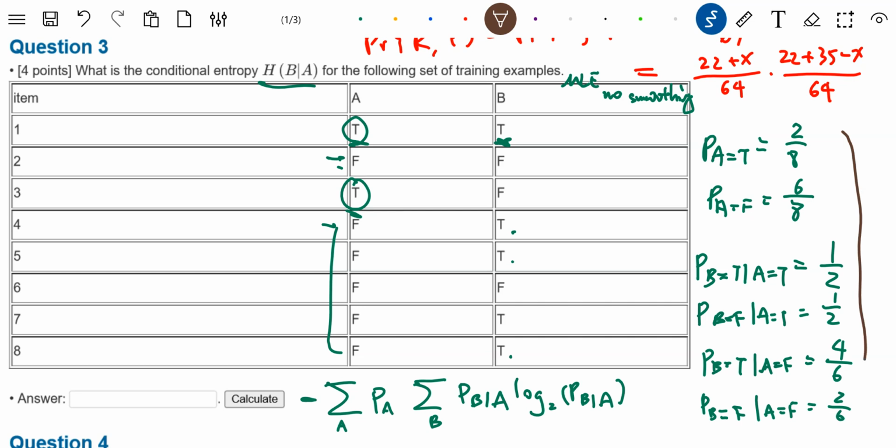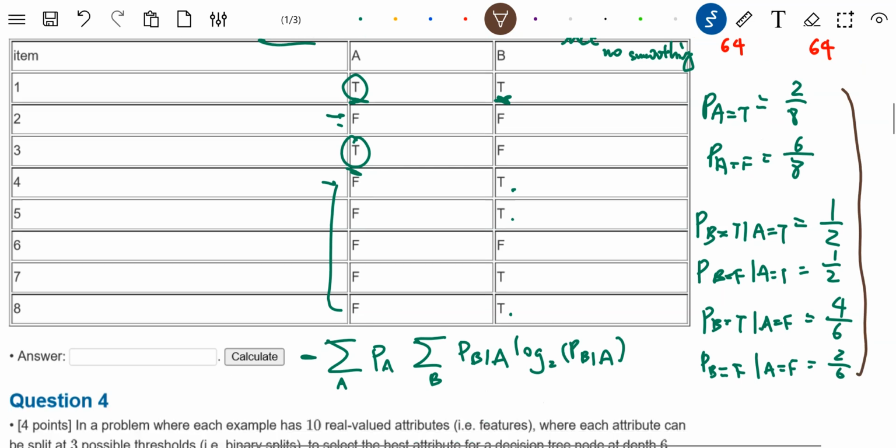So now you get all the numbers. You just write down a large expression. Sum over A means sum over A is true and A is false, and sum over B means sum over B is true and false. So there are 4 terms in total, and just substituting these probabilities into the formula, you'll get the answer.